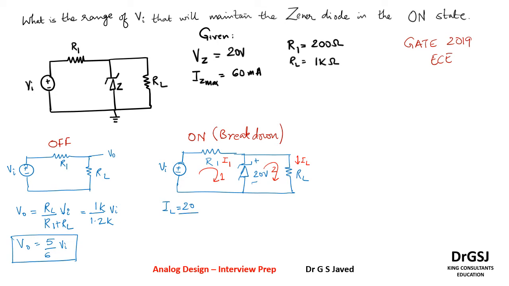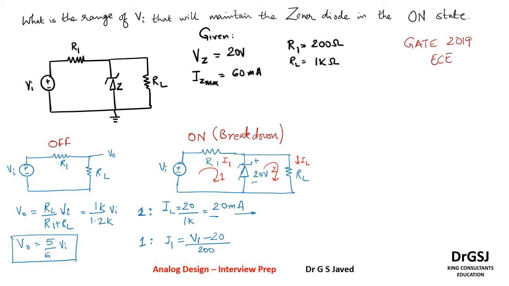So 20 divided by 1k is 20 milliampere. For loop 1, the current I1 is given as Vi minus 20 divided by R1. R1 is 200 ohm. So this is I1.